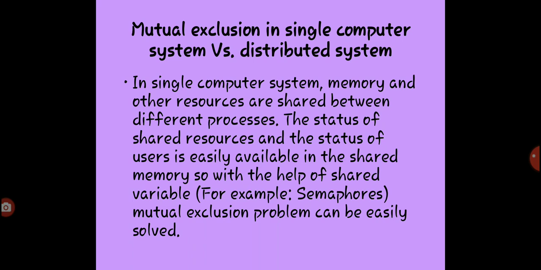The status of shared resources and the status of users are easily available in shared memory with the help of shared variables, such as semaphores, and the mutual exclusion problem is easily solved. So in a single computer system, mutual exclusion is already there.